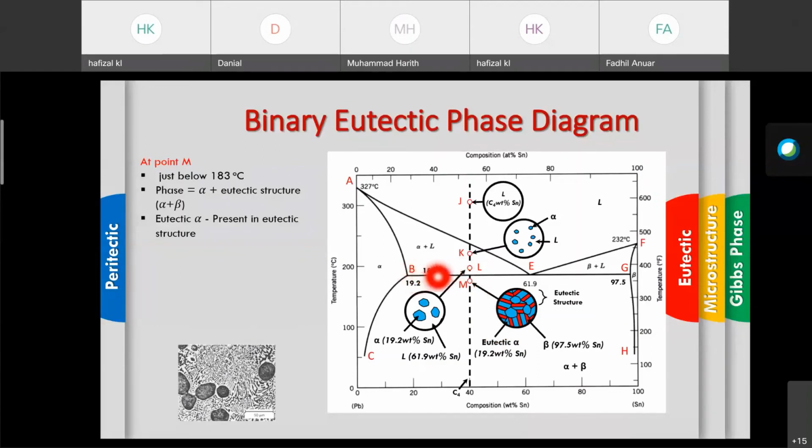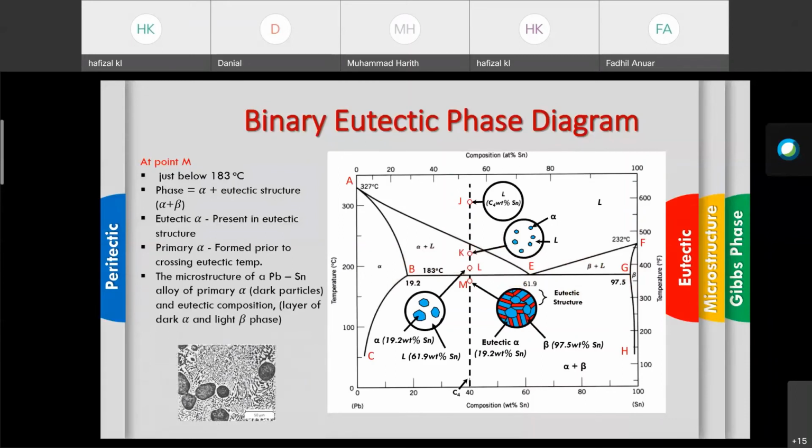And also we have the beta value from here, which is 97.5. So for the temperature lower than 183 degrees Celsius, a bit lower, the 2 points we need to take are point B and point G. If the position is a little bit higher than 183, we need to take point B and point E. So this is where we can get the composition.